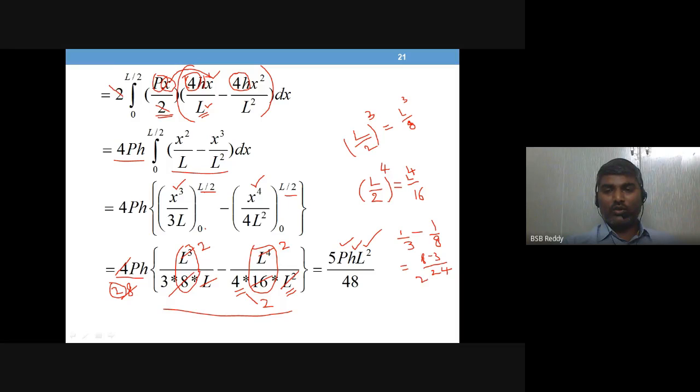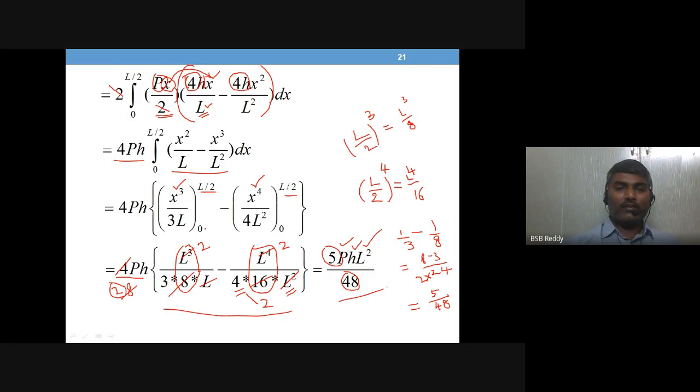So 2 into 24. Okay. So which is equal to 5 in the numerator by 24 into 2, 48. Okay. So 5 by 48 is the number. So 5PHL square by 48 is the numerator value.